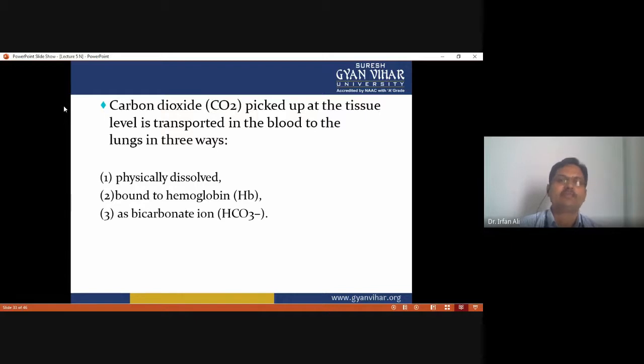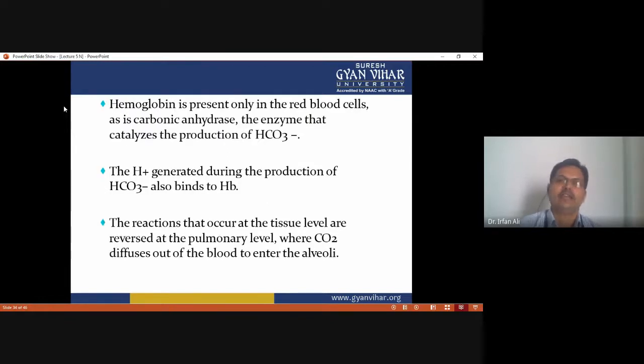And carbon dioxide picked up at the tissue level is transported in the blood to the lungs in three ways. The first is physically dissolved form, second is bound to hemoglobin, and third is as bicarbonate ion. And hemoglobin is present only in the red blood cell.